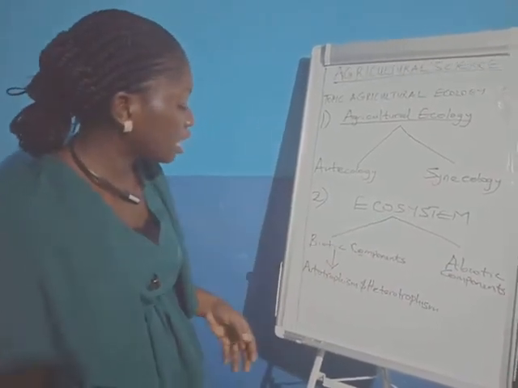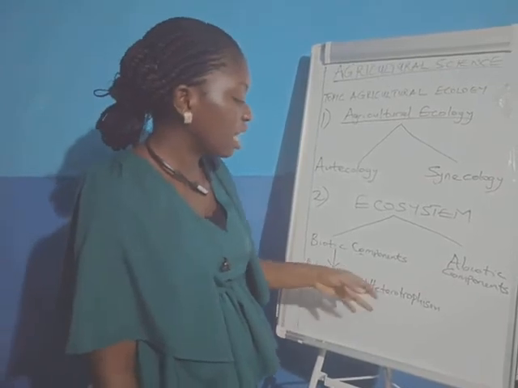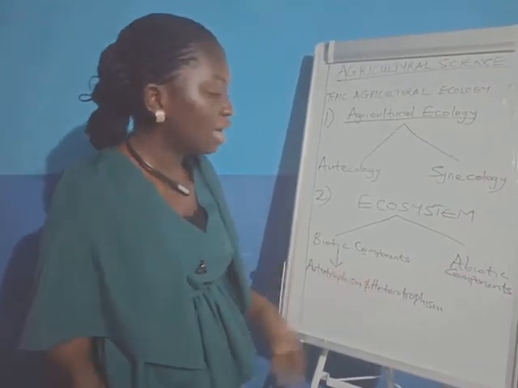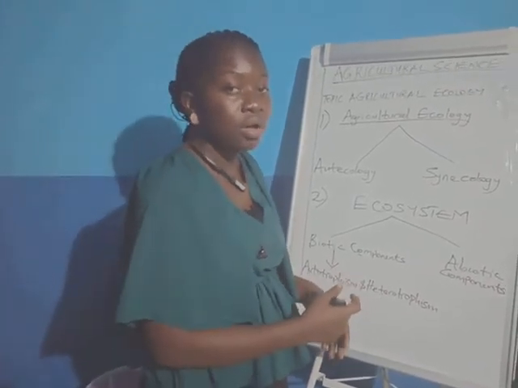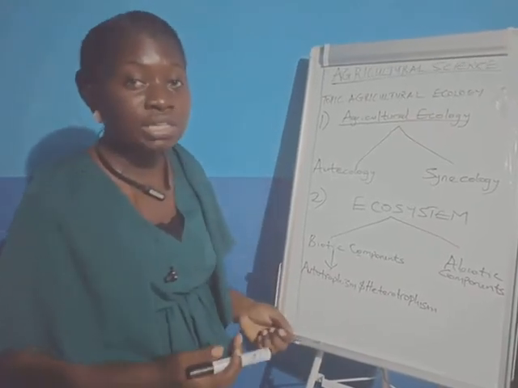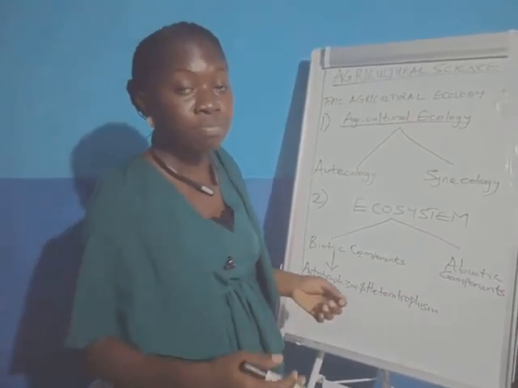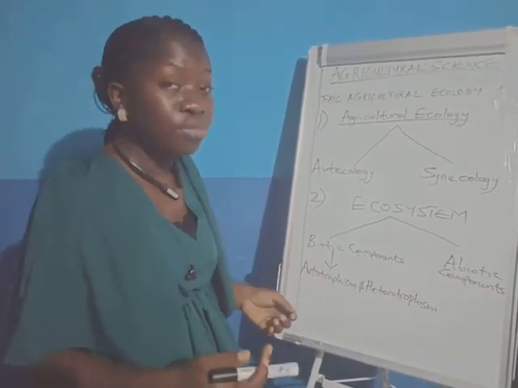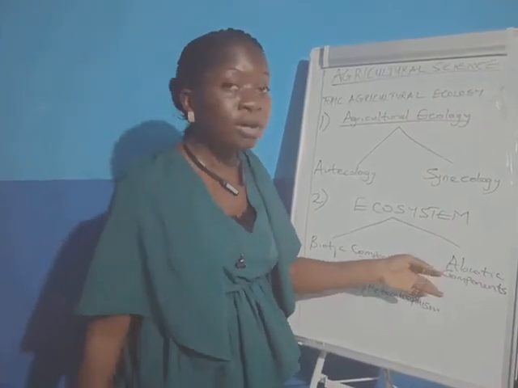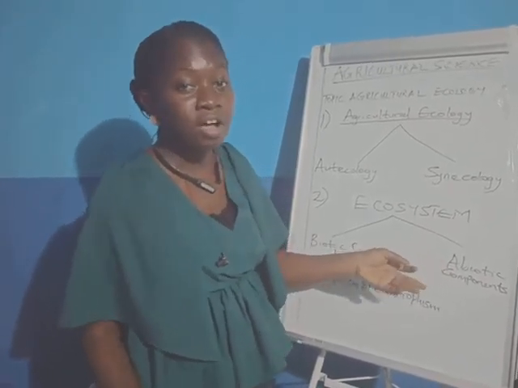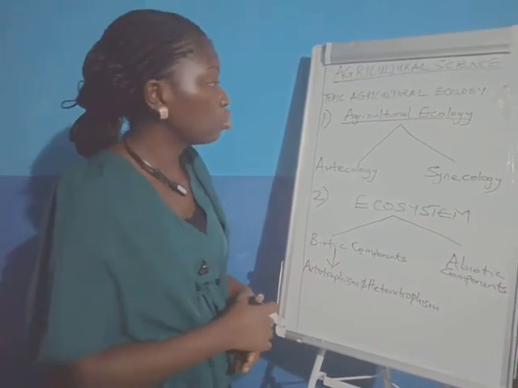Under the biotic component, we have the autotroph and the heterotrophism. And under the abiotic component, we have the climatic factors, which include sunlight, temperature, the humidity. Then, under abiotic components, we have the edaphic factors, which include soil and topography.